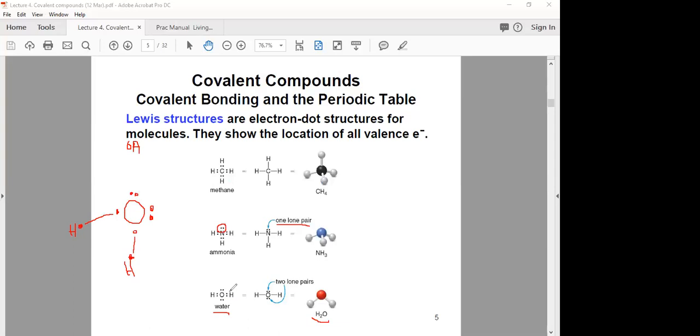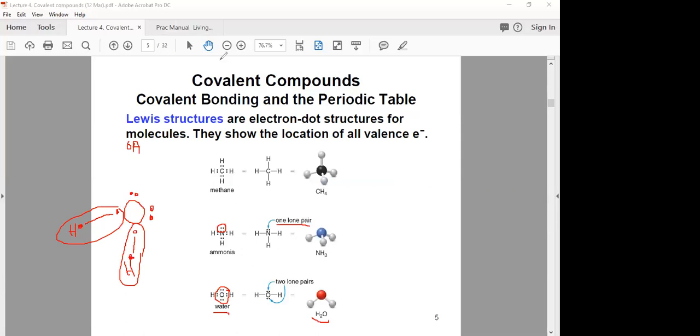And now we can see, as a result of the 2 covalent bonds between oxygen and 2 hydrogens, how many electrons is oxygen now surrounded by? 8. 8, correct. Oxygen has fulfilled the octet rule, and each of the hydrogens is happy because they are surrounded by 2 electrons. And we have our lone pairs of electrons also.